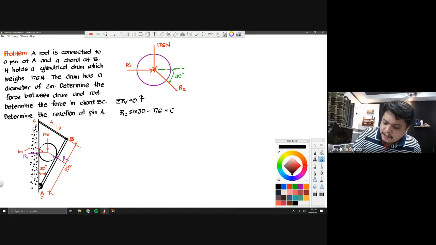No other forces, and that would become equal to 0. So, it would become equal to 176 divided by sine of 30. So, you will have it as 352 Newton. Okay? And this is now the answer for the first question.